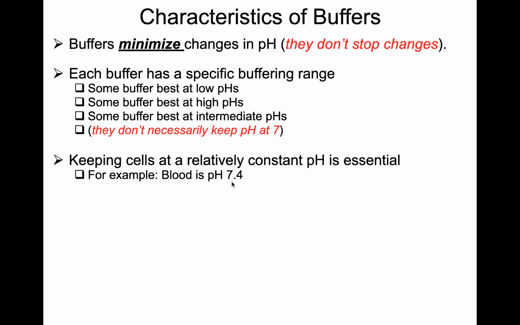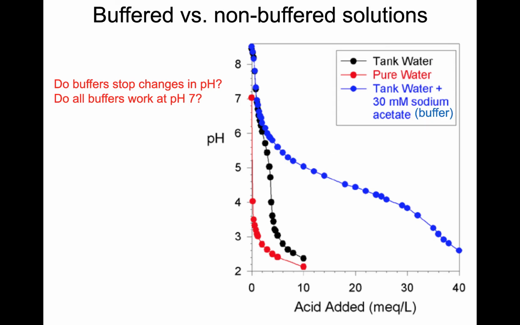Let's take a look at some data and see exactly how buffers compare to non-buffered solutions. In black and red, we have water. This is an image from fish tanks, if people are trying to buffer their fish tanks, and I pulled this off the web. So we have basically two versions of water. Here I have tank water that obviously has some other stuff in it, and then we have pure water.